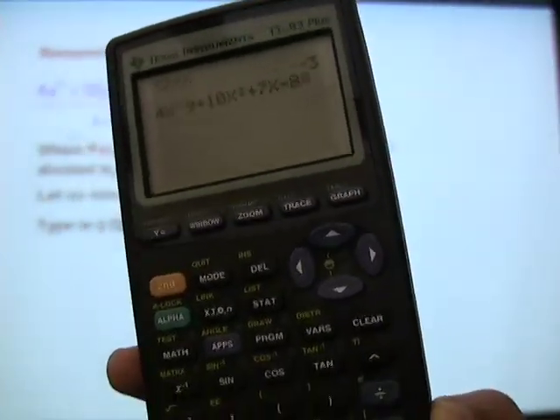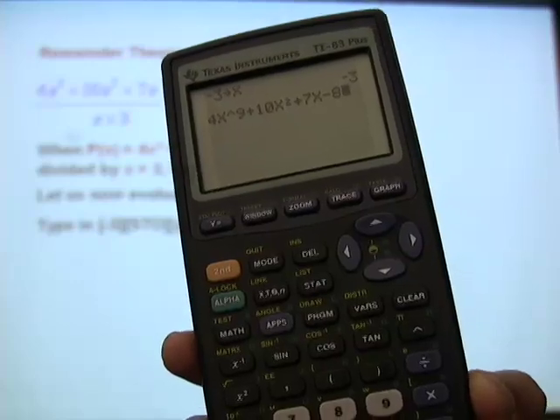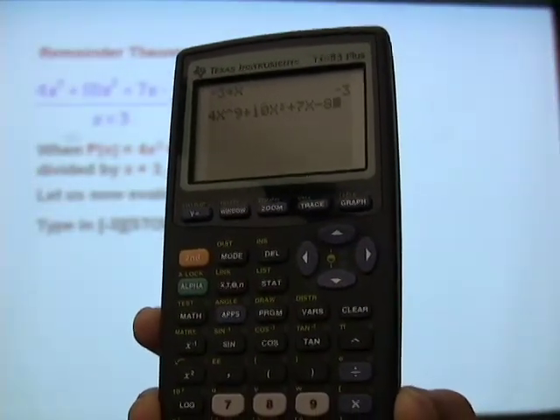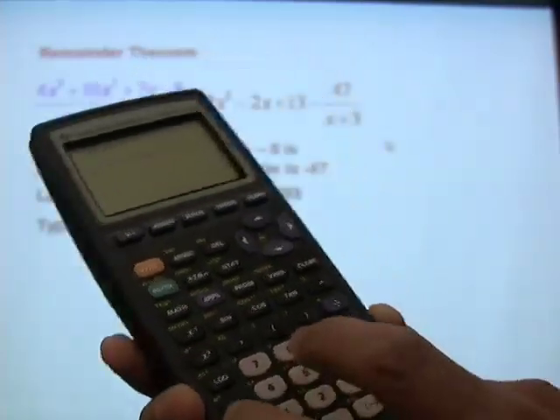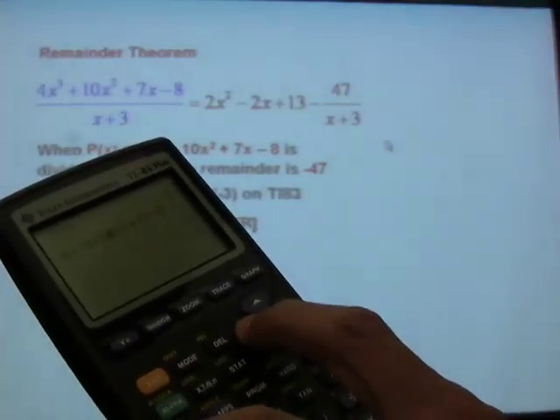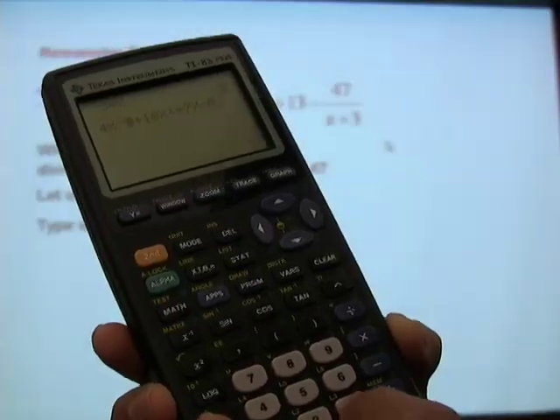Did I get it right? All right. So you have now stored the value of x as negative 3, and now you want to find what is 4x to the power of 3. You see, I'm not wearing my glasses, so I have made an error there. It must be 4x cubed. I have put it as 9.